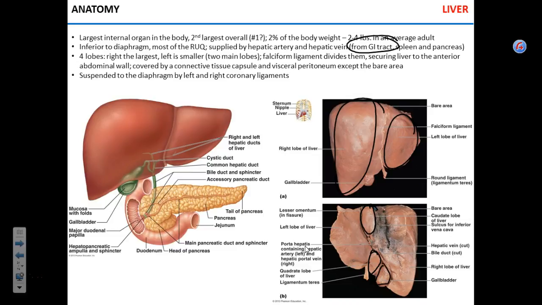You can see gallbladder. You need to know the ligamentum teres and falciform ligament. That's it. Am I clear? I can show you this image, and one of these 4 lobes. You need to identify it.